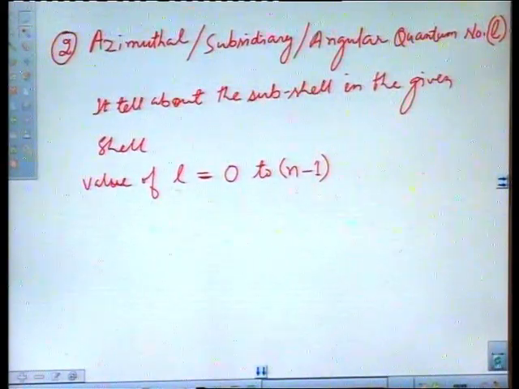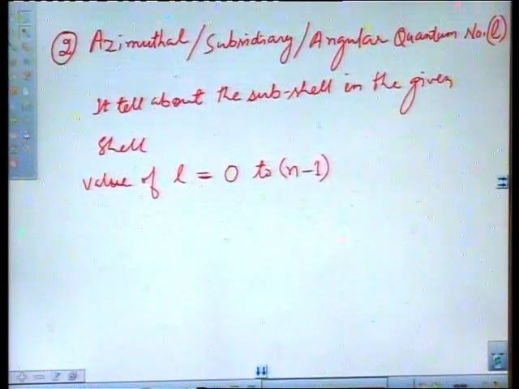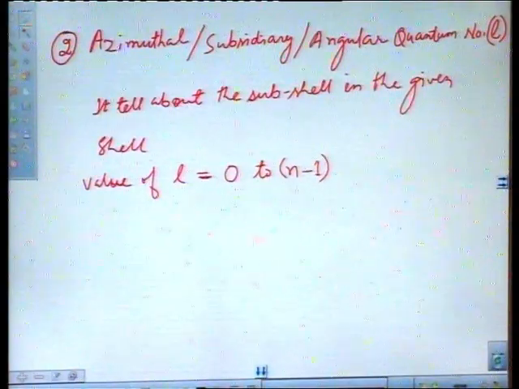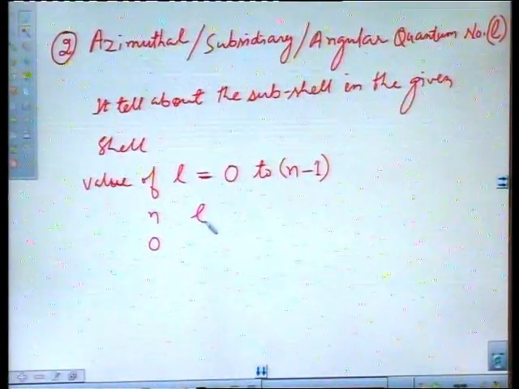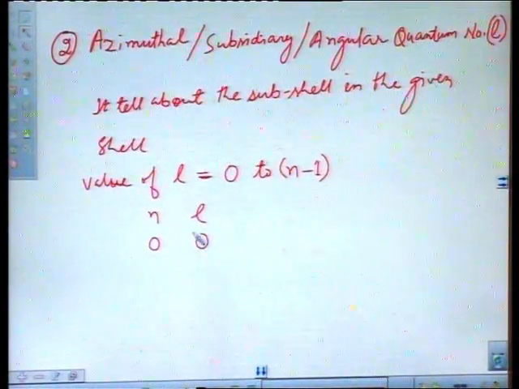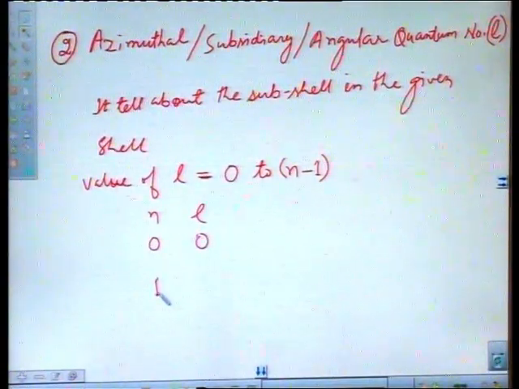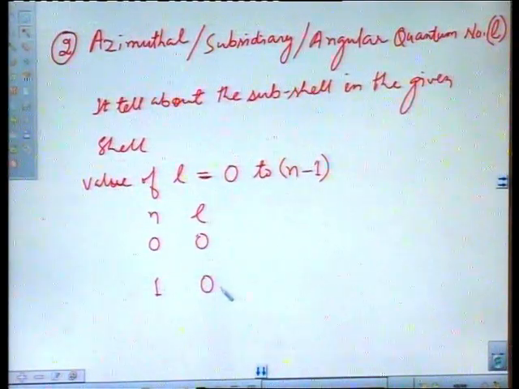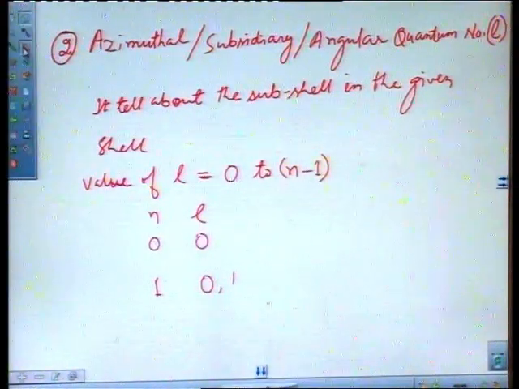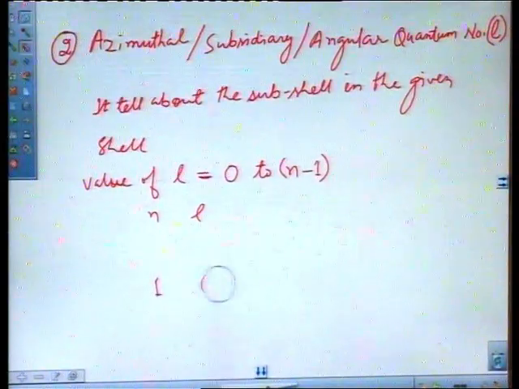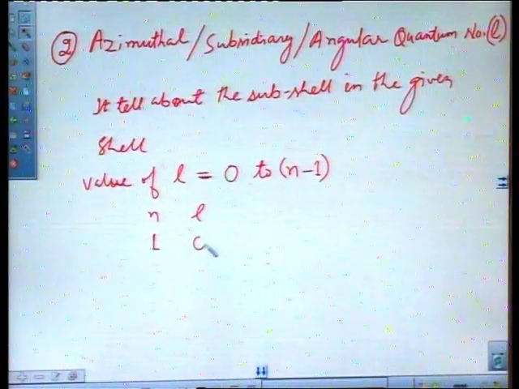For example, sorry, the principal quantum number cannot be 0. If the principal quantum number is 1, the value of l is 0.